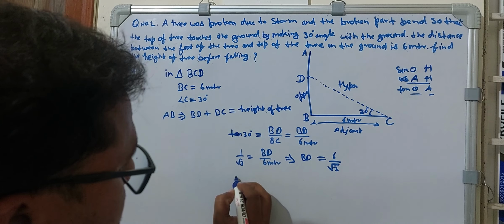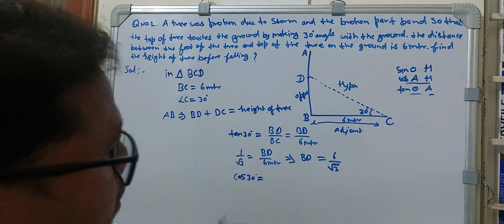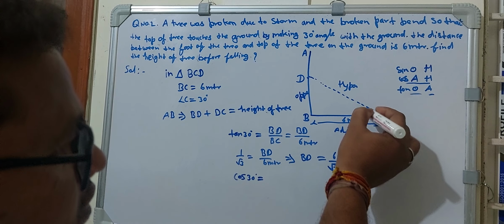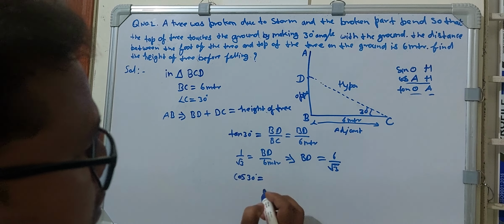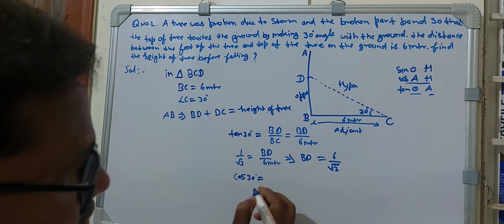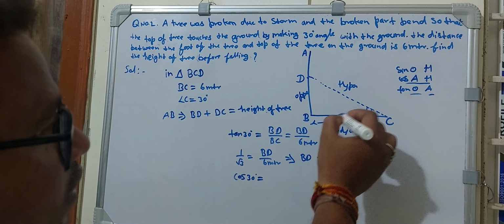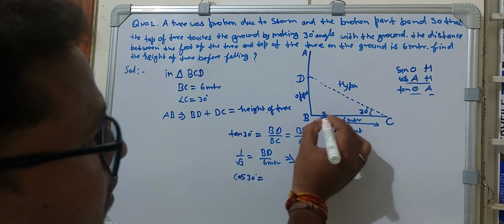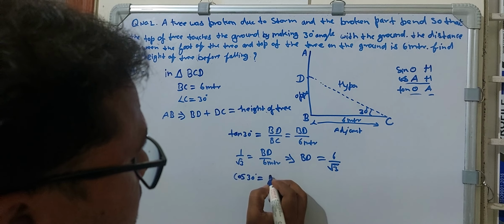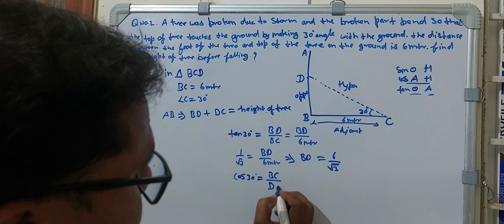So use here cos 30 degree. Cos 30 will be what? Adjacent by hypotenuse, right? Your adjacent is BC. See here, BC is adjacent, so BC by hypotenuse DC.